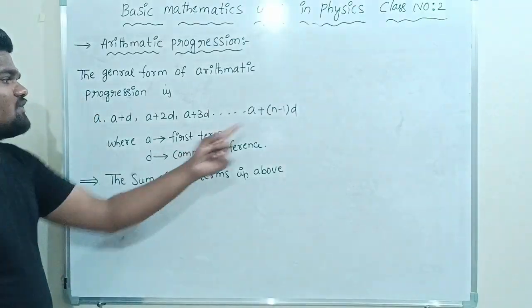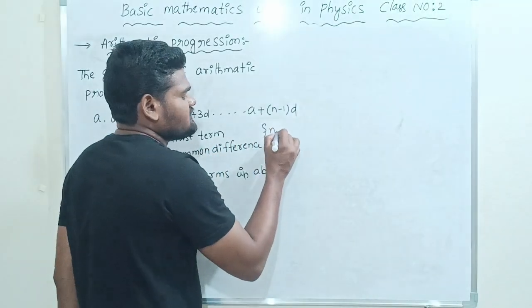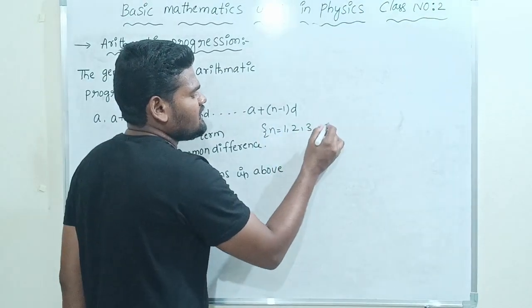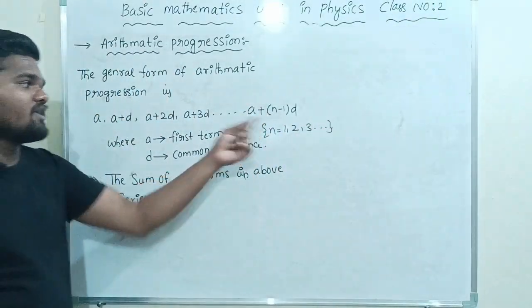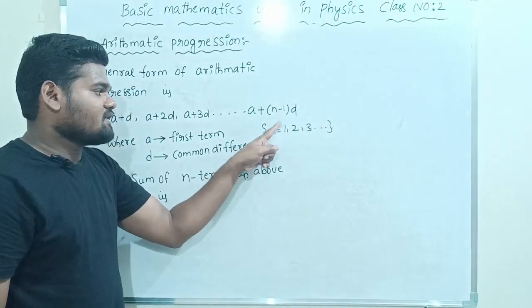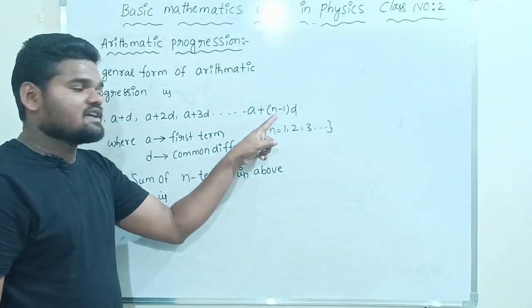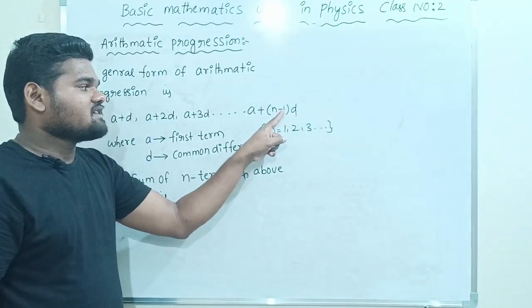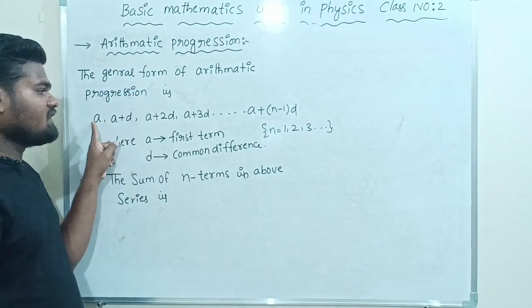N is equal to 1 comma 2 comma 3 and so on. If you place 1 at the place of n, then 1 minus 1 into d, 1 minus 1 is equal to 0, you will get the term a.